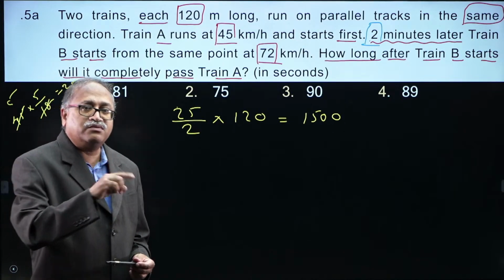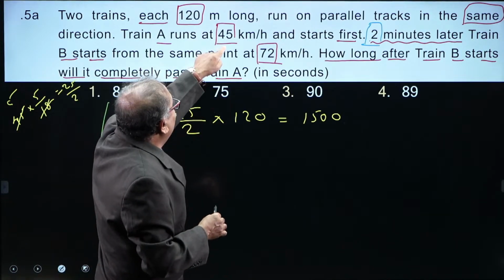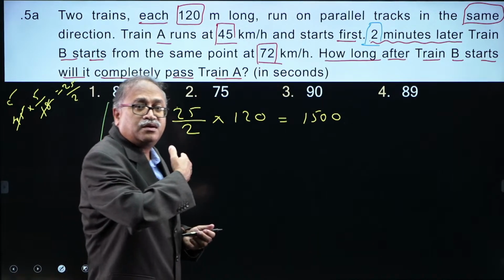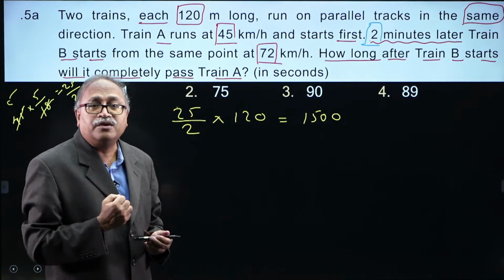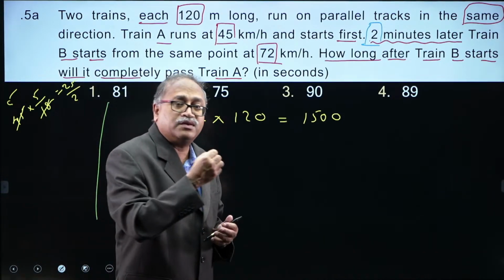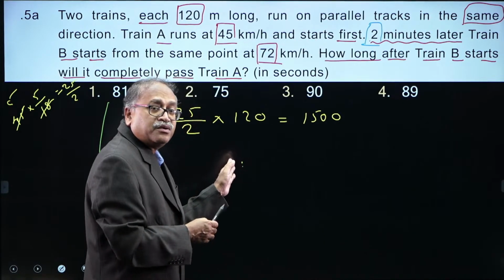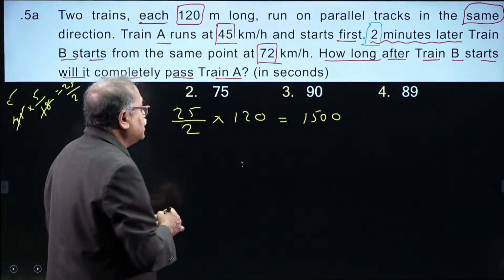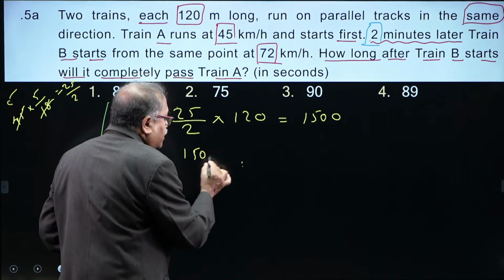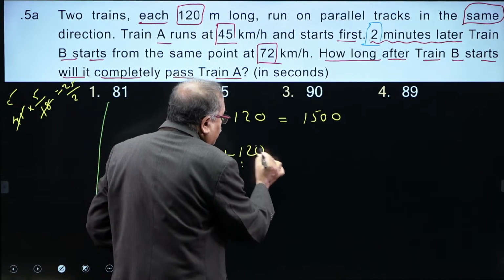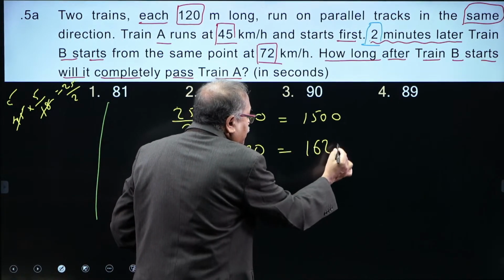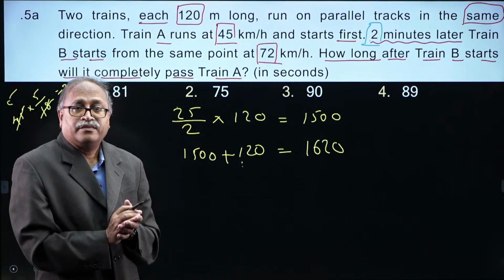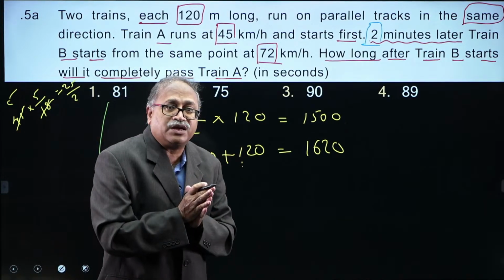Now, train B will overtake train A. So, it has to pass its own body. The beginning of A will be the end of B. So, what will be the total distance in that case? 1500 plus another 150, that comes to 1620 to overtake, because both of them are moving in the same direction.